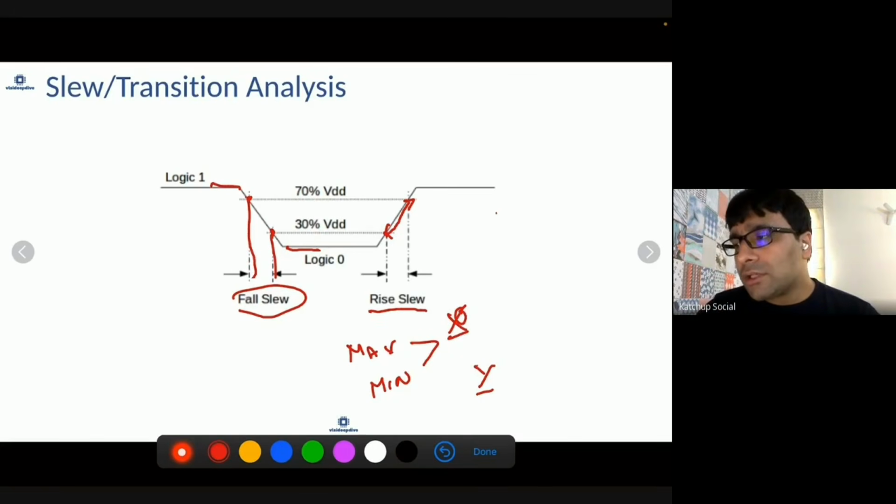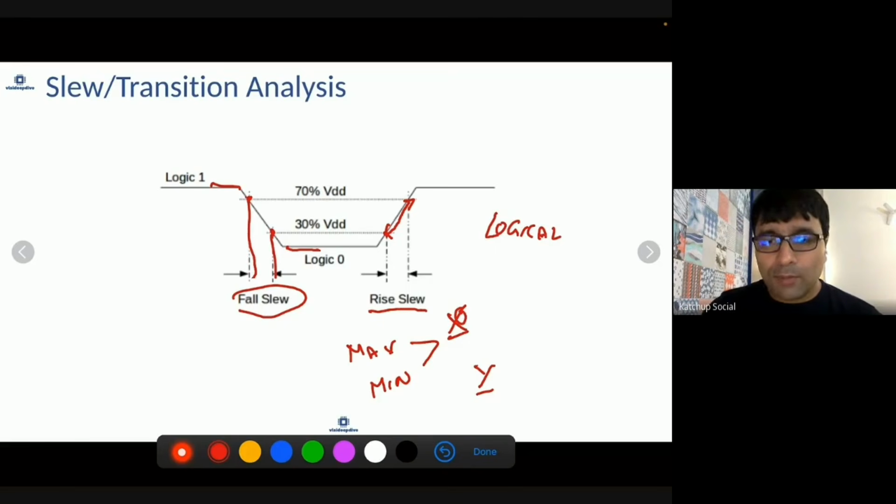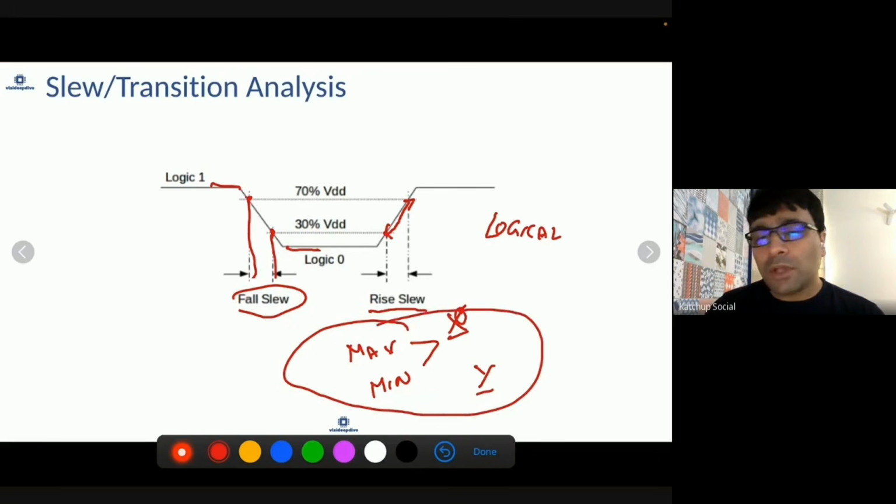Because all your logical cells, like AND gates, OR gates, flops, are verified to work functionally and from a timing point of view correctly within a specific transition range only. To ensure these cells behave reliably, you have to make sure throughout the design that those transition or slew values are maintained within those ranges.